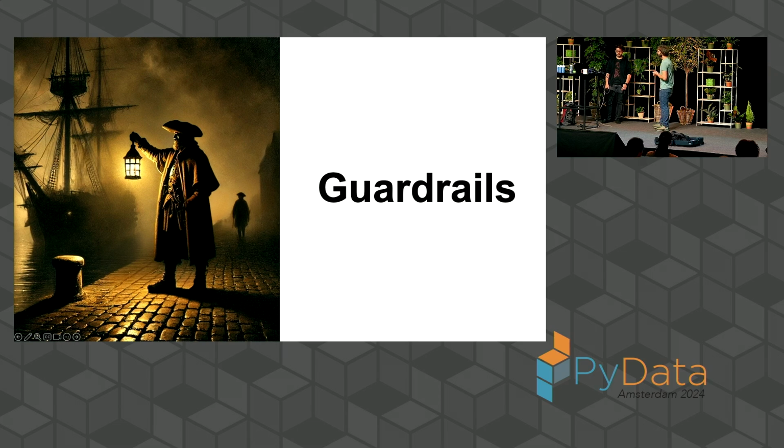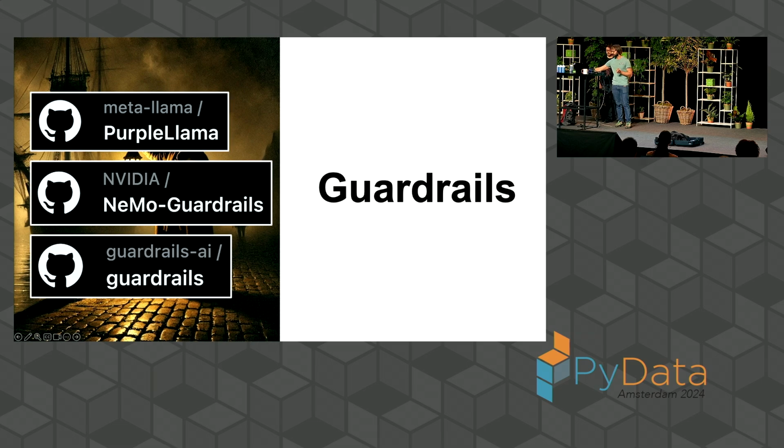And there are quite some possibilities around there using guardrails. So, for example, there is from Meta, the Purple Llama, from NVIDIA, the NeMo Guardrails, but there are also some other open source companies which are just rising at the moment, for example, Guardrails AI with the Guardrails Hub.